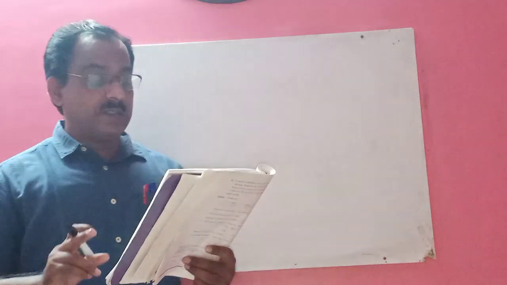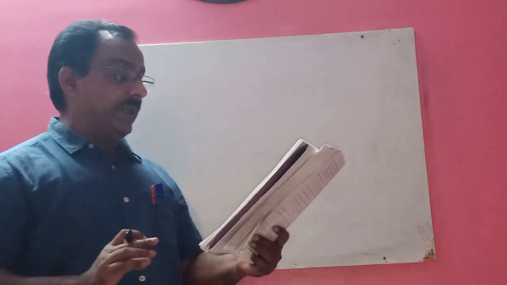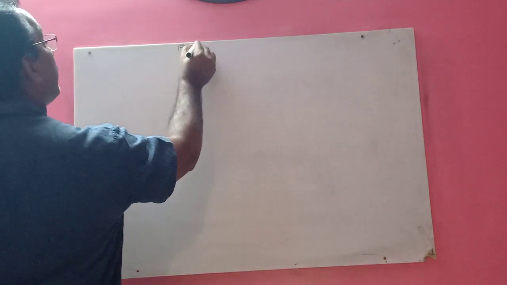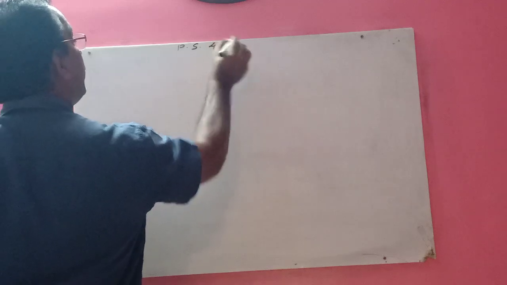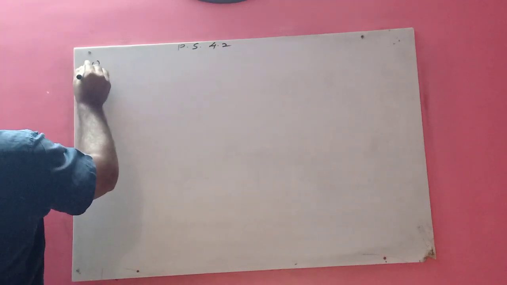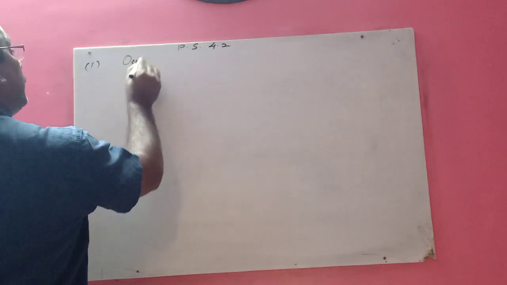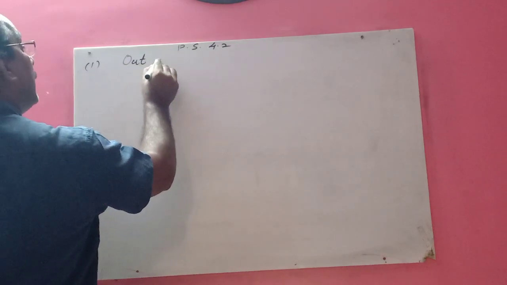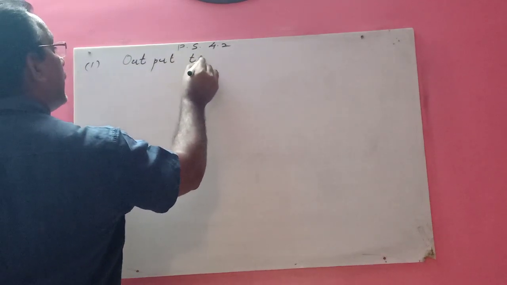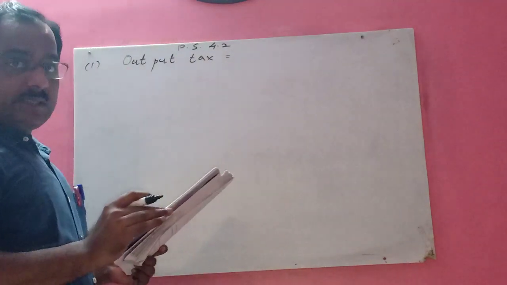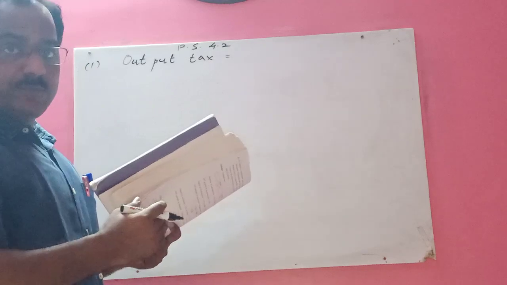So output tax is equal to 1,22,500. So here first what you will write: practice set 4.2, question number 1. Output tax is how much? It is the GST collected during the selling time of the product.